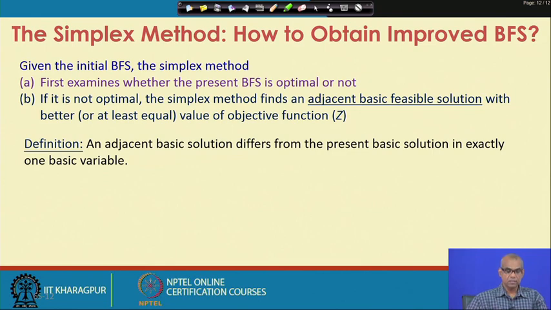Note that you have m basic variables, so your basis contains m basic variables. The adjacent basic feasible solution will be another basis vector with only one component different.